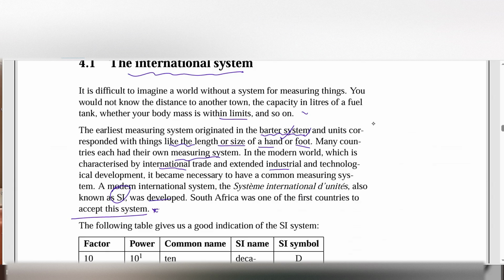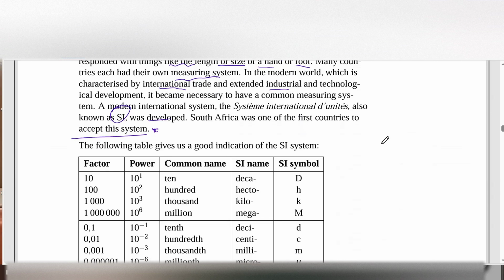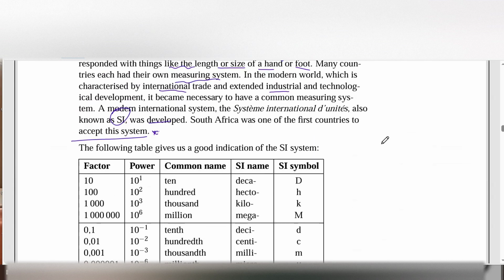Now, what we mean by the SI is that this is a system that is recognized internationally. When you go somewhere and you want to measure the length of something, there's a particular unit you use. When you want to measure the capacity of something, there's a particular unit that we use. Now, we have 10 to the 1, which we just call 10 in the decimal system, but in the SI, this 10 is known as a deca.